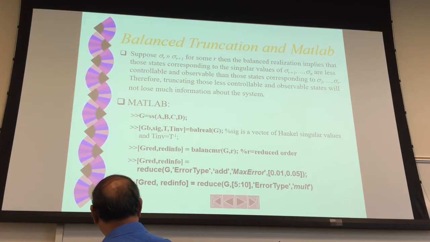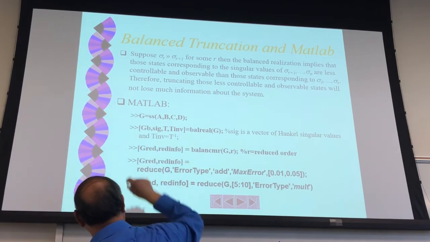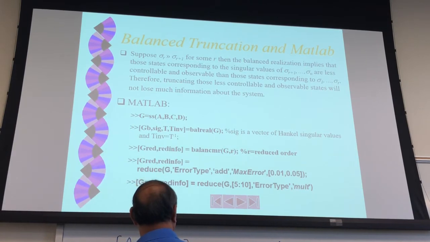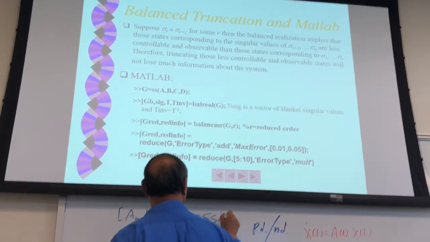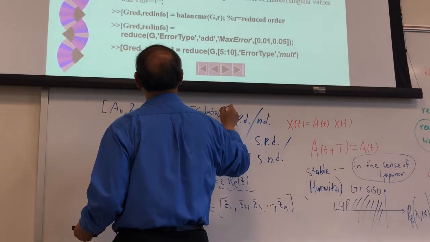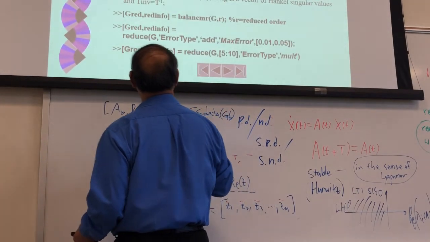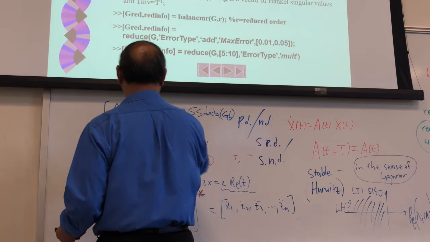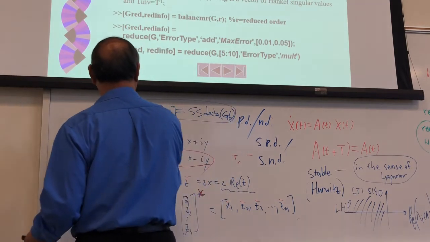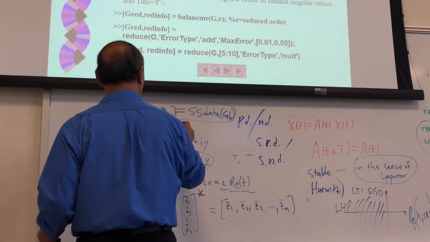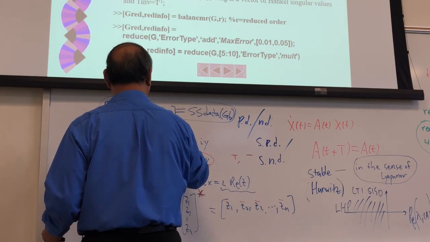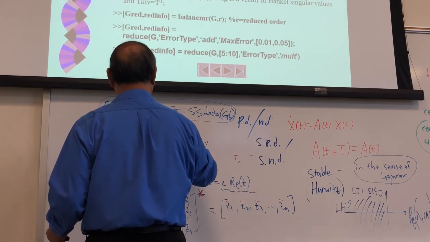A balanced, B balanced, C balanced, D balanced. I want to know what are the parameters inside here. Okay? So what you should do? Equals SS data GB. Okay? But if you get this one, how can you do GB? It's SS ABCD, okay?